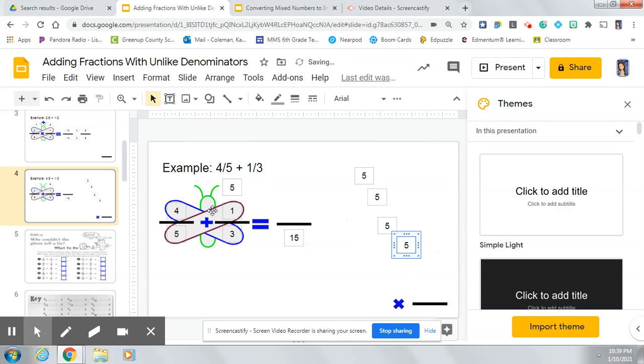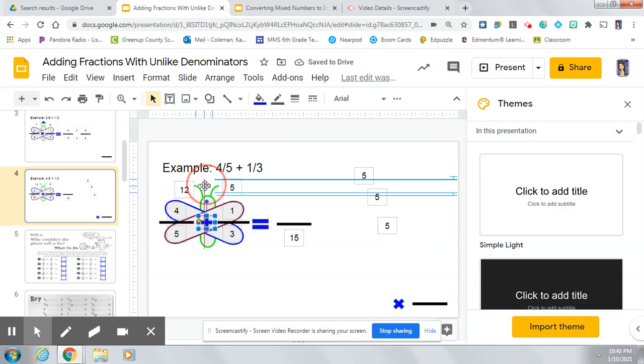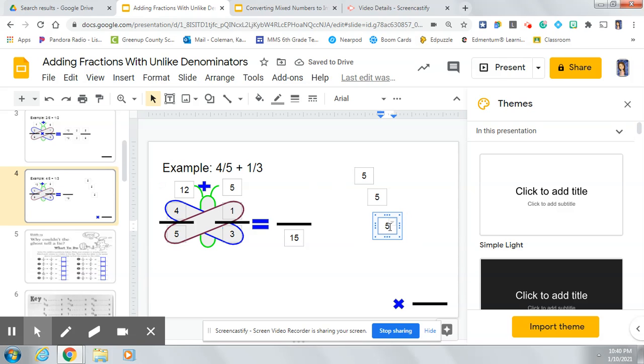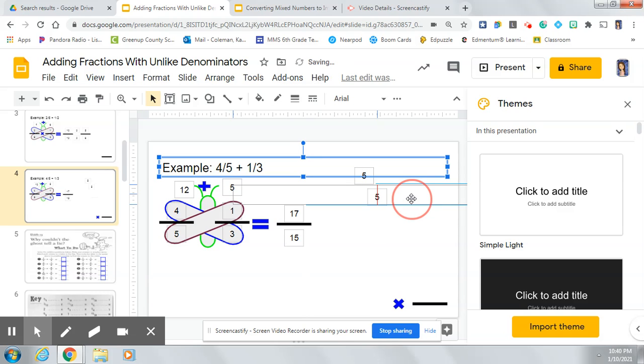Okay, so I did 5 times 1, I got 5. I'm going to do 4 times 3, that's going to give me 12. I'm going to put 12 above that second antenna. I'm adding the 12 plus the 5. 12 plus 5 is 17. So my numerator is going to be 17. So I have an answer of 17 over 15.